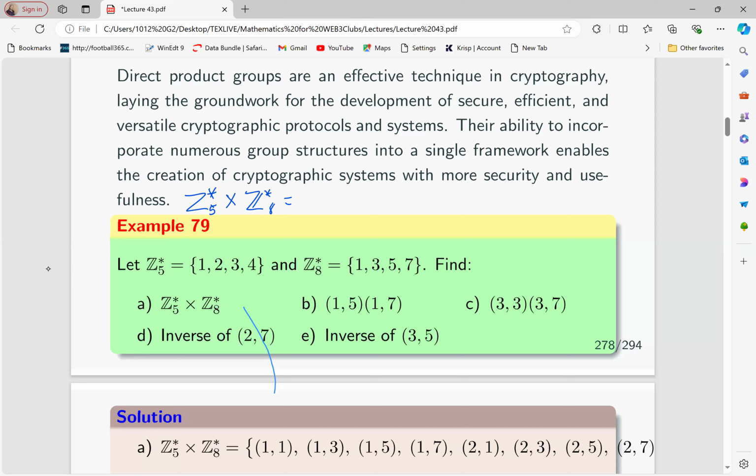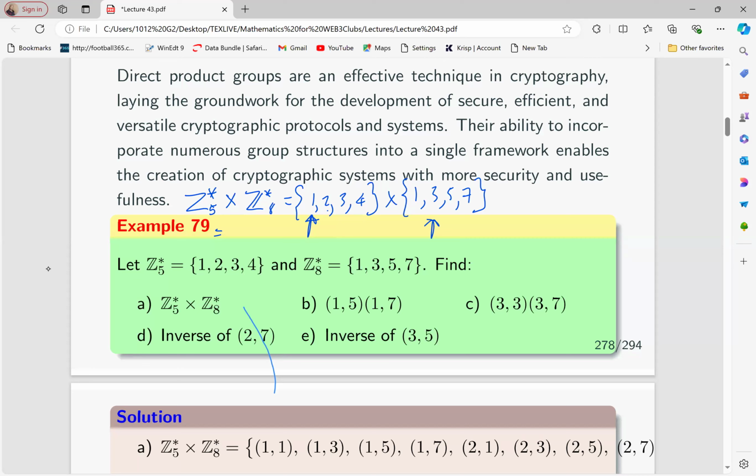This is just the same as {1, 2, 3, 4} cross {1, 3, 5, 7}. The way we do it, I combine 1 from the first group with all the elements from the second group, and then combine 2 with all the elements from the second group, and so on.